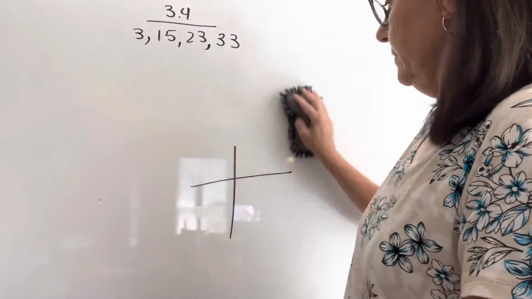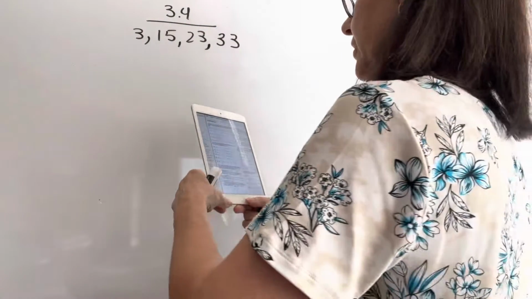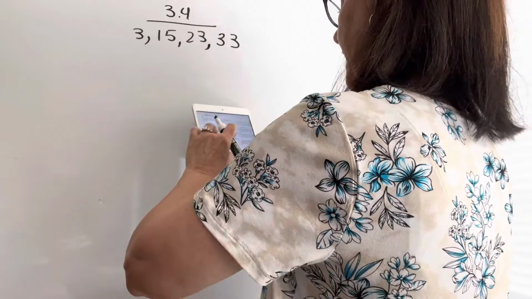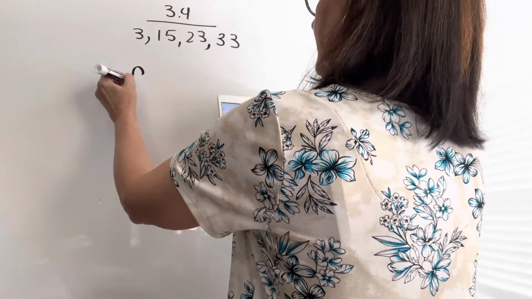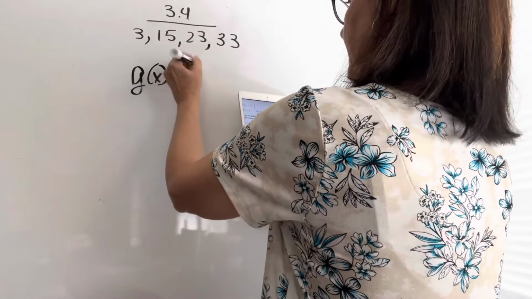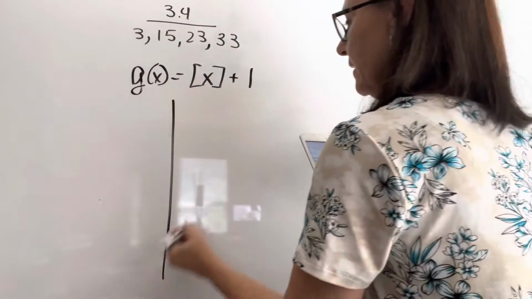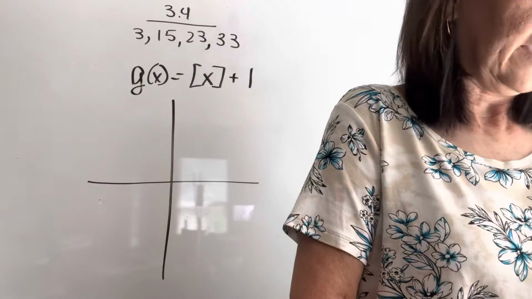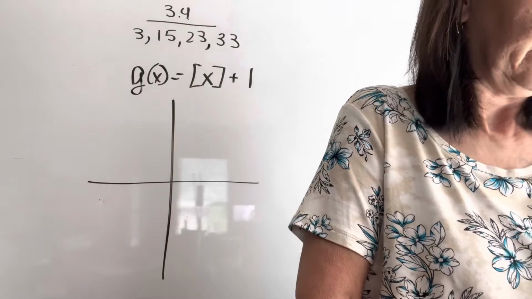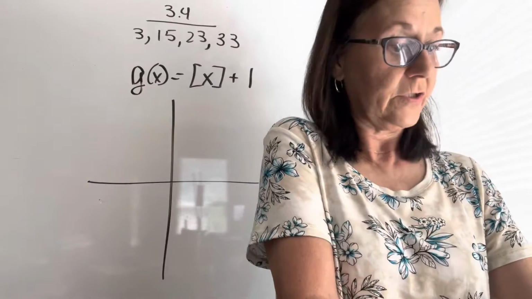Number 15. Number 15 says, graph each function and its parent function on the same axis. So g of x equals that plus 1. The parent function, if you go back to 173, is the greatest integer function, in the second row, first column.